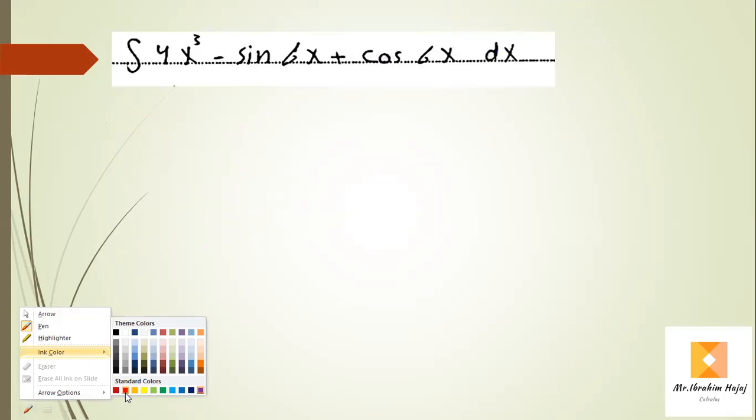It will be 4x to the power of 4 over 4, minus cosine... sine 6x over 6, plus sine x... plus c.